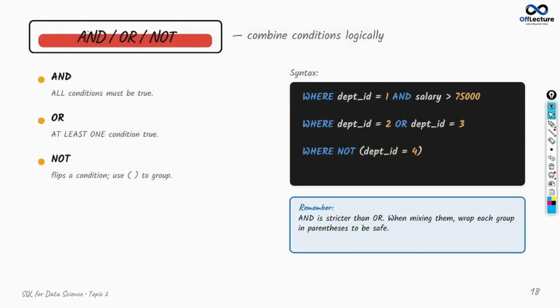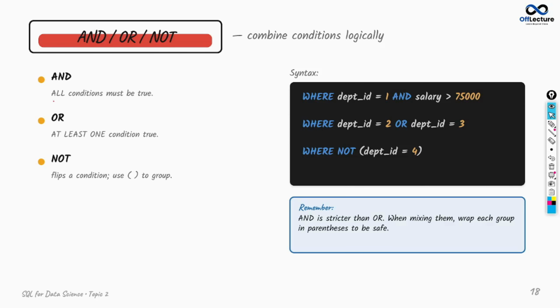Then comes the AND, OR, and NOT statements. You already know AND, OR, and NOT. These kinds of conditions are used logically. These are the logical conditions and are used extensively in all programming languages, whether it is SQL, Python, Excel, anything. The use case is the same all over the place. It's universal.